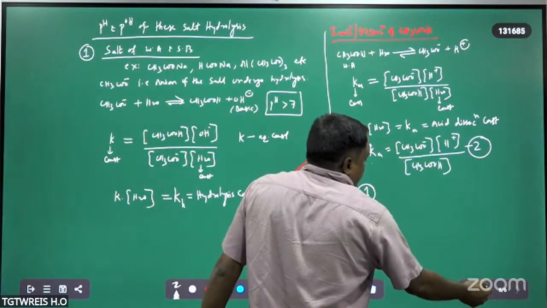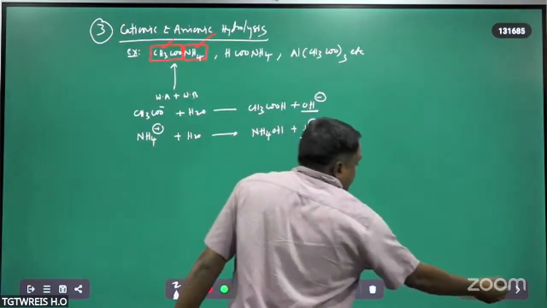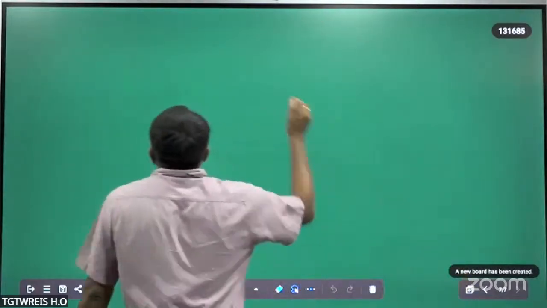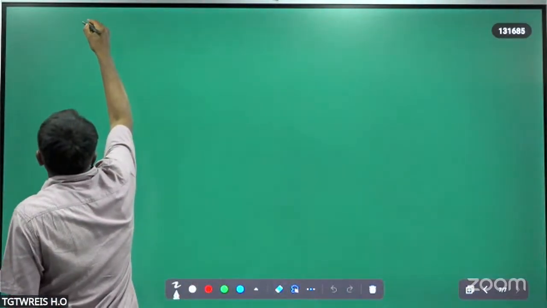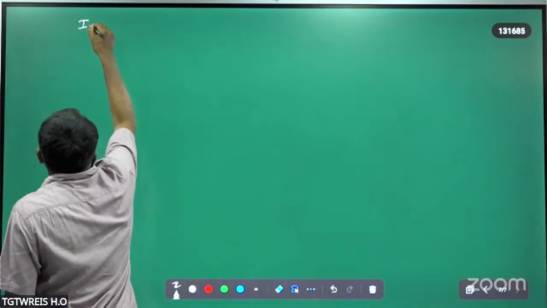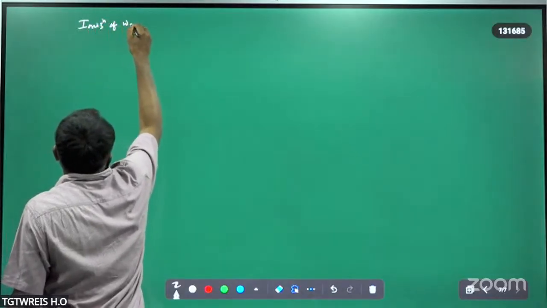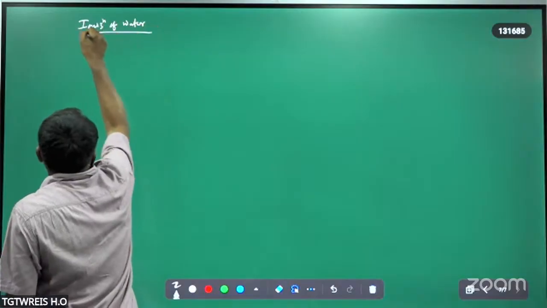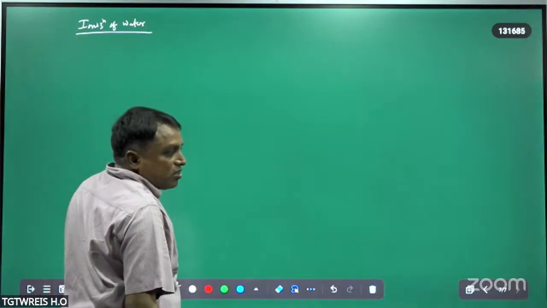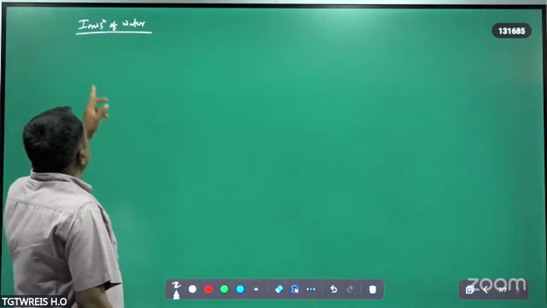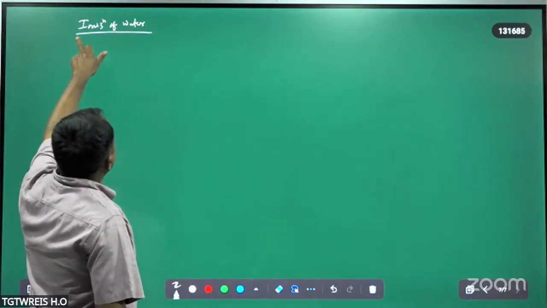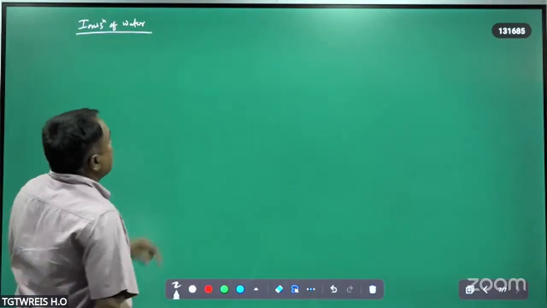Now, the dissociation or ionization of water, because in the equation we have the terms of H plus and OH minus. Therefore, in order to calculate that, we want to calculate the ionization of water.